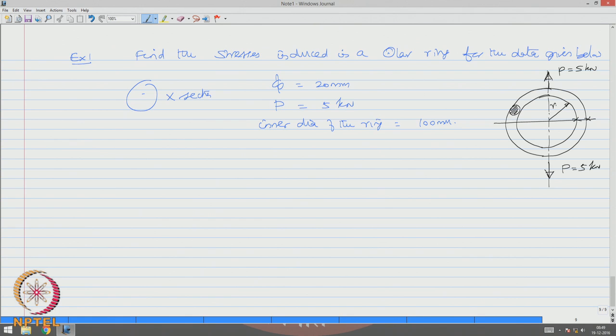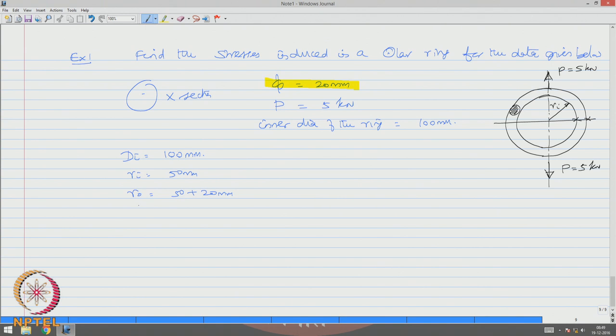We know that this is R I and d I is 100 millimeter. Therefore, R I is 50 millimeter. R outer is going to be 50 plus 20 millimeter, because that is the diameter of the cross section.